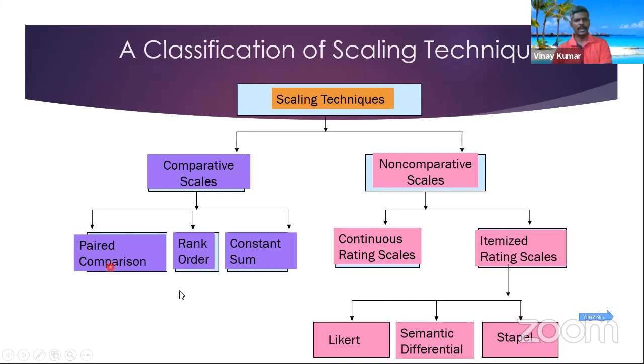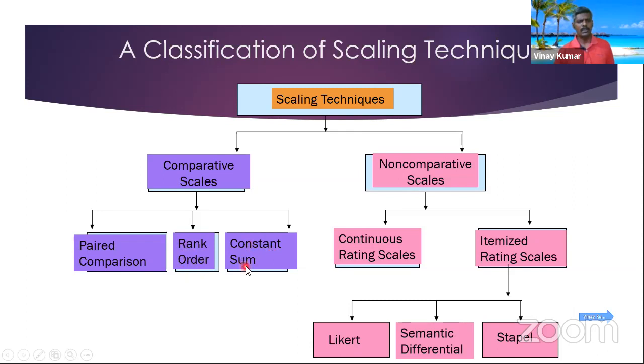You have paired comparison, you have rank order, and then you have constant sum. So in paired comparison, the respondent is presented with a pair of products where he has to choose the best of the pair. And then in the rank order, the customers are presented with the products and they have to choose which product they prefer over the other product. We're trying to order the preference here.